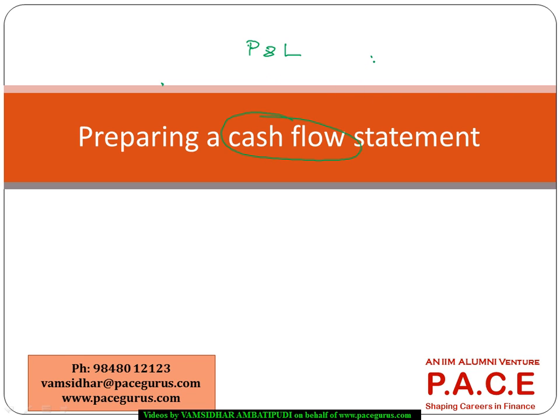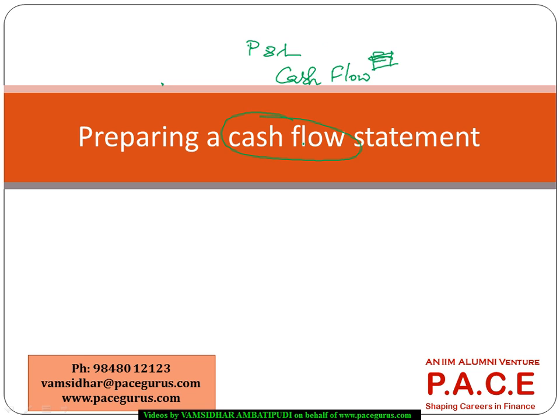And from any financial analyst's standpoint, the focus is more on the cash flow statement than on the P&L statement, because it talks about the real presence of money, or the real movement of money, either coming to the company or going away from the company.